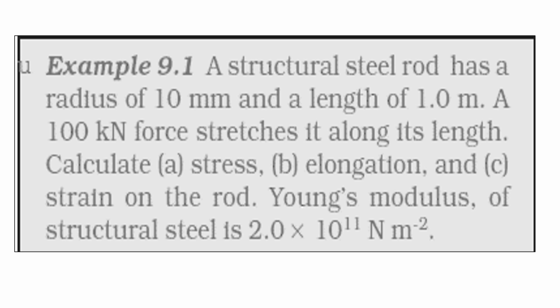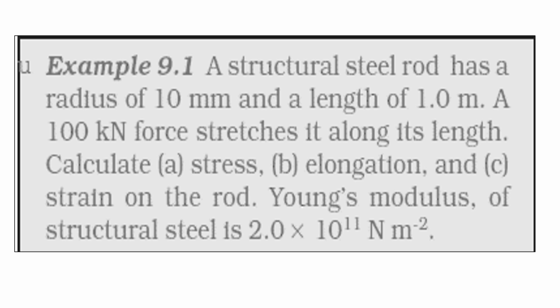Let's solve a numerical based on that concept first. It's your NCERT example 9.1. A structural steel rod has a radius of 10 millimeter and a length of 1 meter.